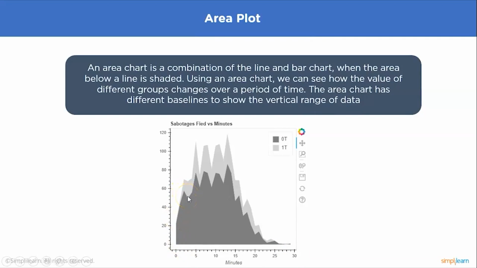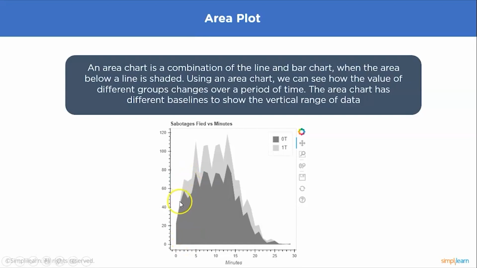One really good thing about area plots, especially in this case, is that they have two ranges. They have another range on the y-axis, which tells us how the number of sabotages fixed is ranging. So for 0 sabotages fixed, you can see how the value keeps fluctuating and changes for different minutes. And the same can be said for 1t.